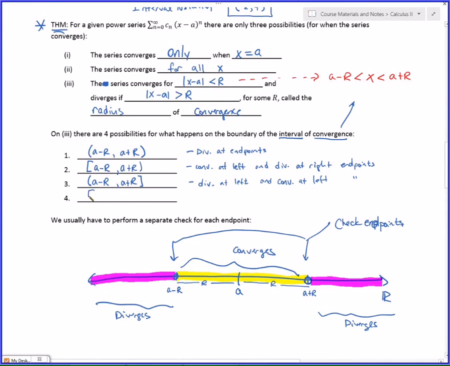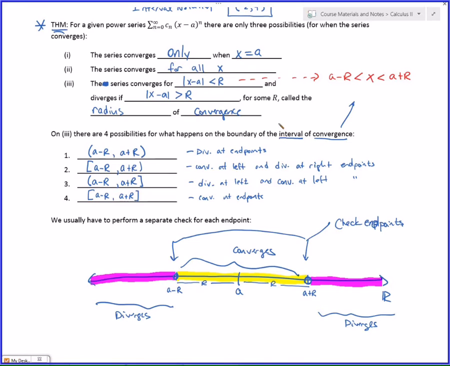Or you could have the last possibility, A minus R, all the way up to A plus R. In interval notation, putting a bracket means it's included in the interval, so it converges at endpoints. So those are your possibilities.